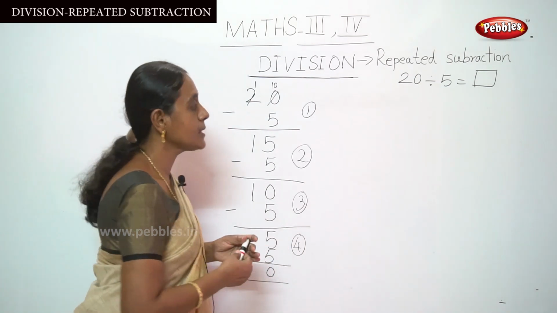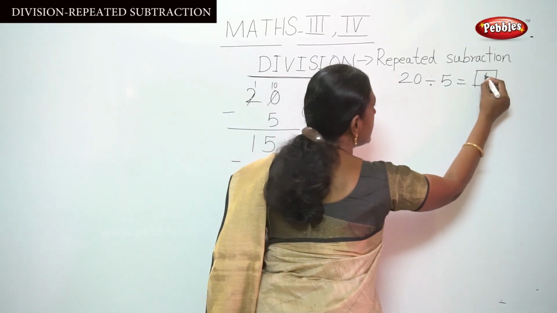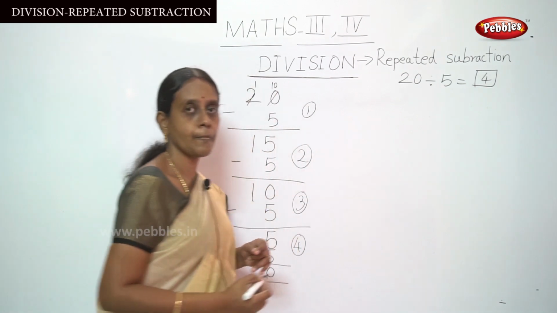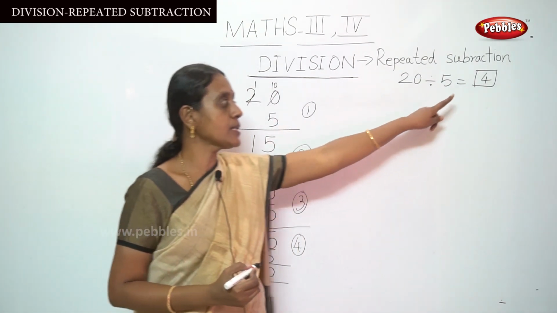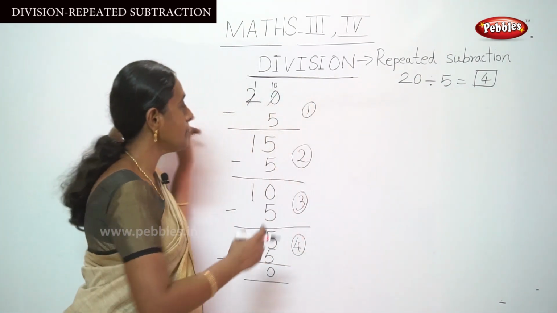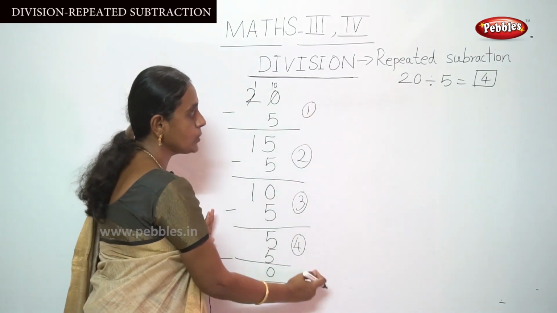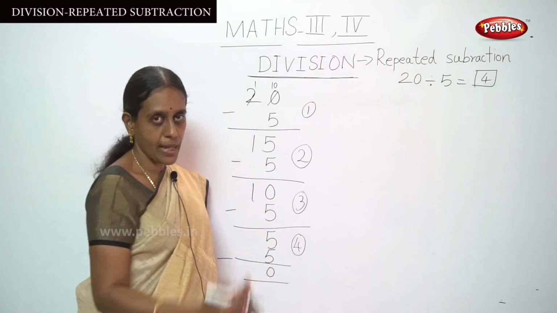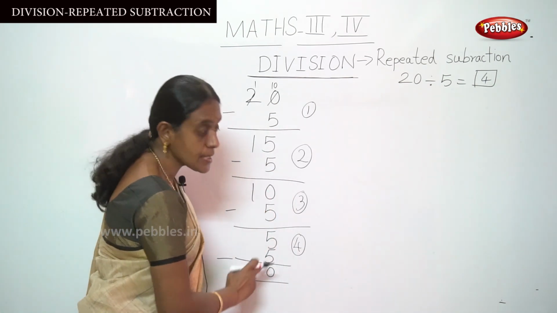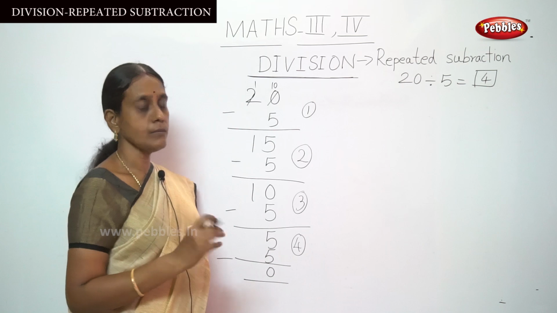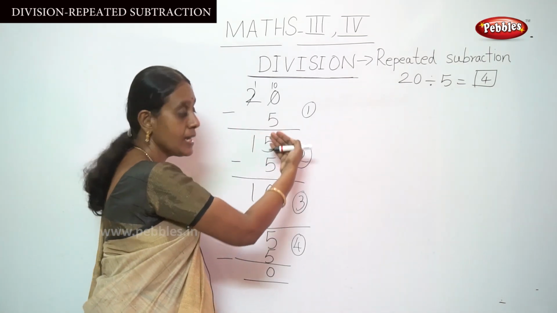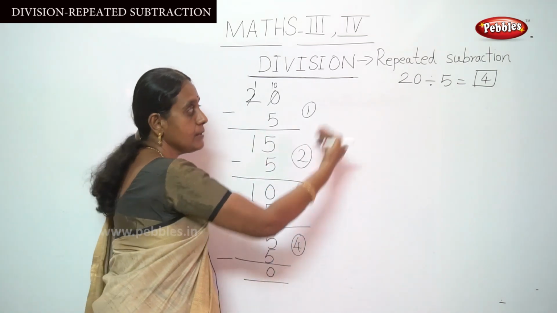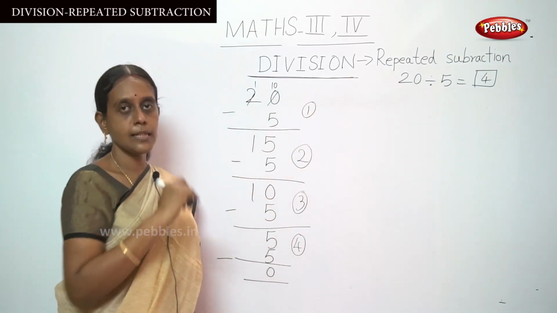That is the answer, quotient 4. This is a method to find the quotient using repeated subtraction until the answer is 0, subtracting again and again with the same divisor.